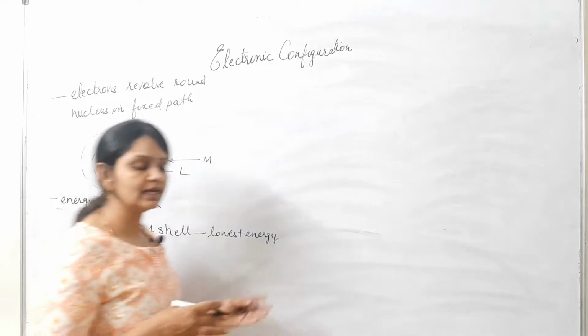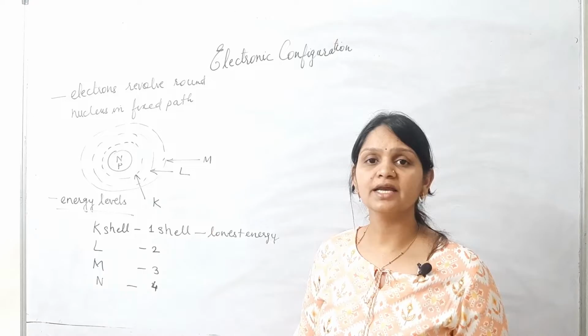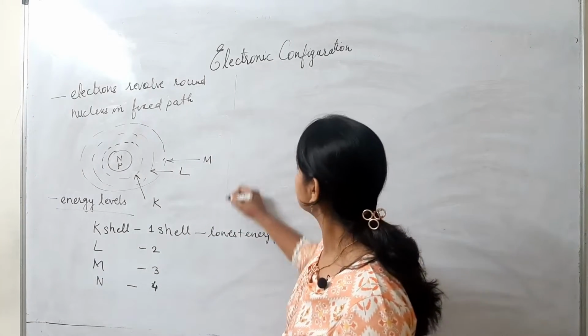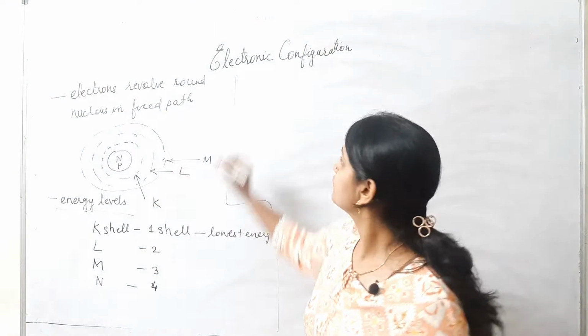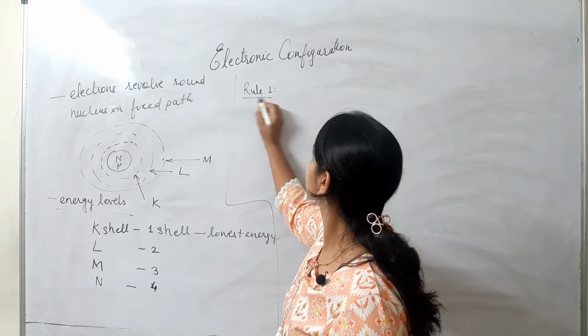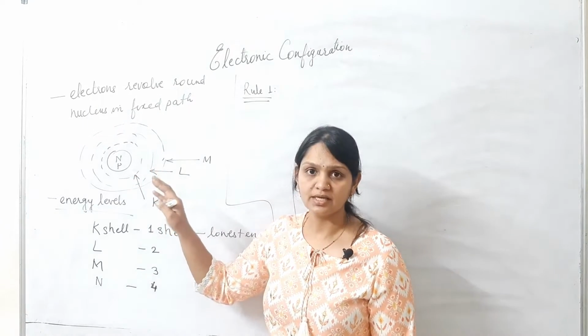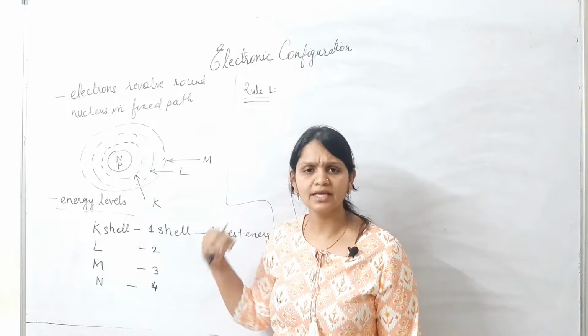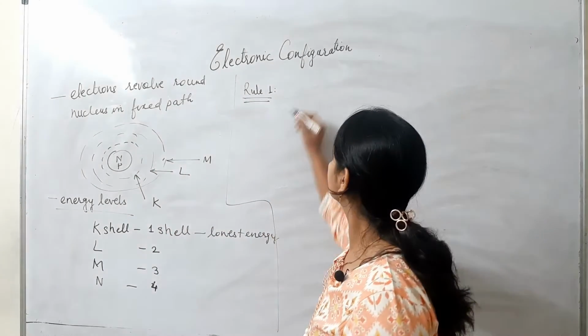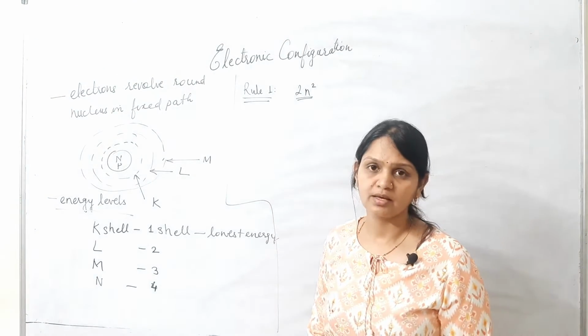Now, how are electrons arranged in these shells? They are arranged following some rules. The first rule is that the electrons in the K shell, L shell, M shell or any shell are arranged on the basis of the rule 2n square.